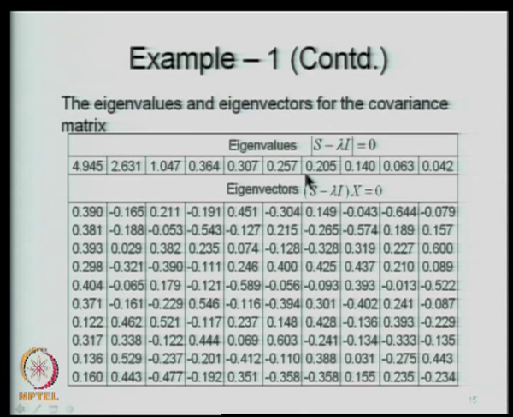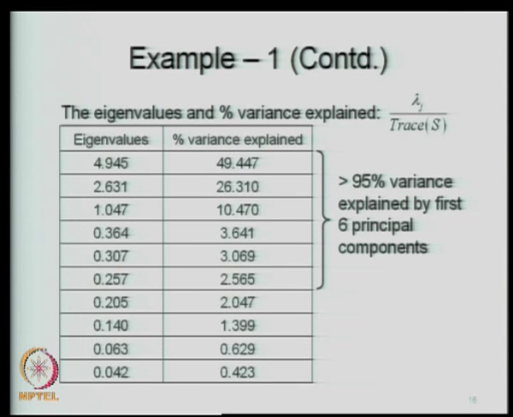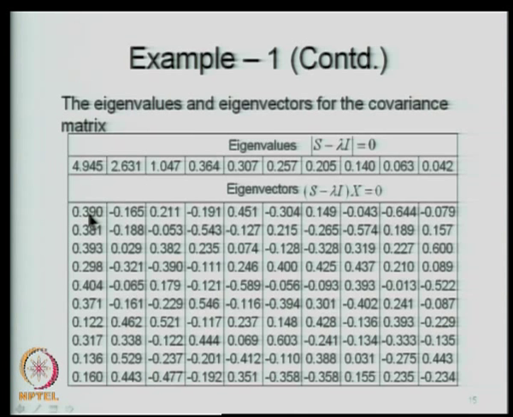Then we use these eigenvectors and look at the percentage variance explained by each of the eigenvectors. There are 10 such principal components. The eigenvectors consist of the principal components here. Okay, let us not get confused.